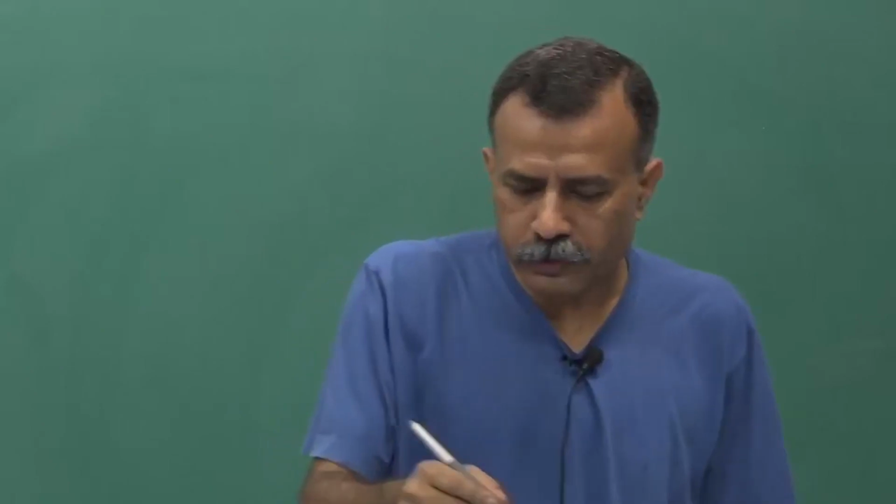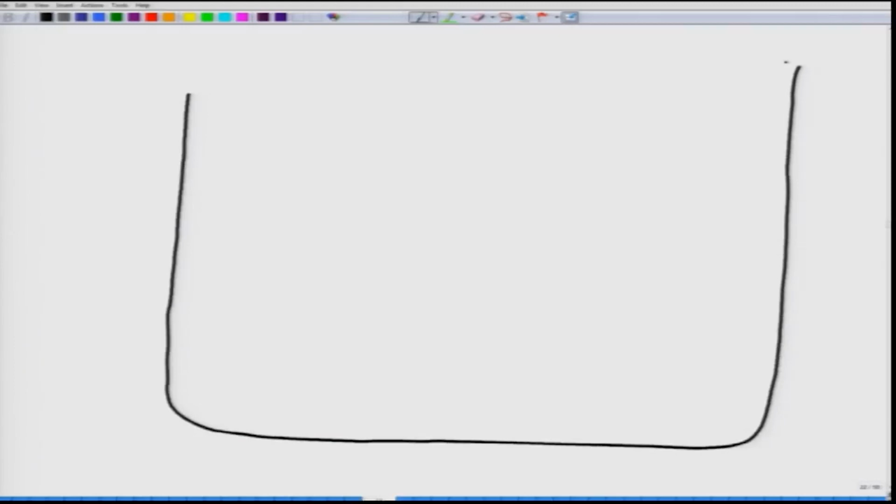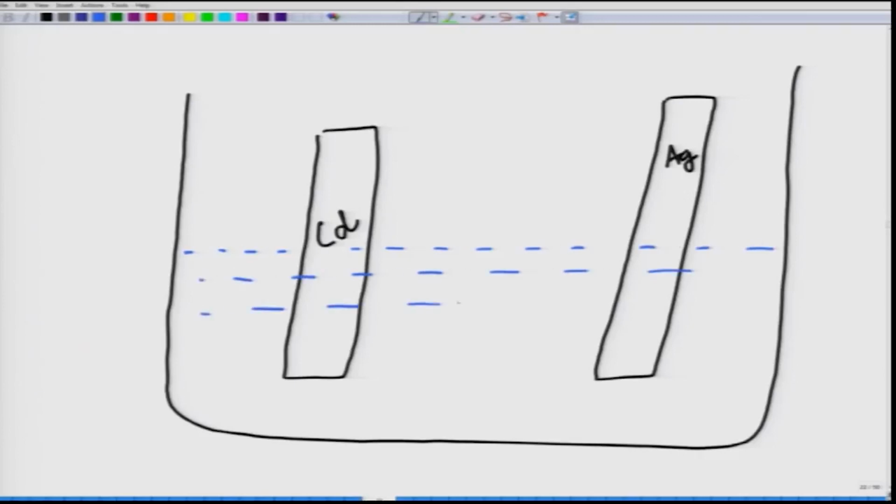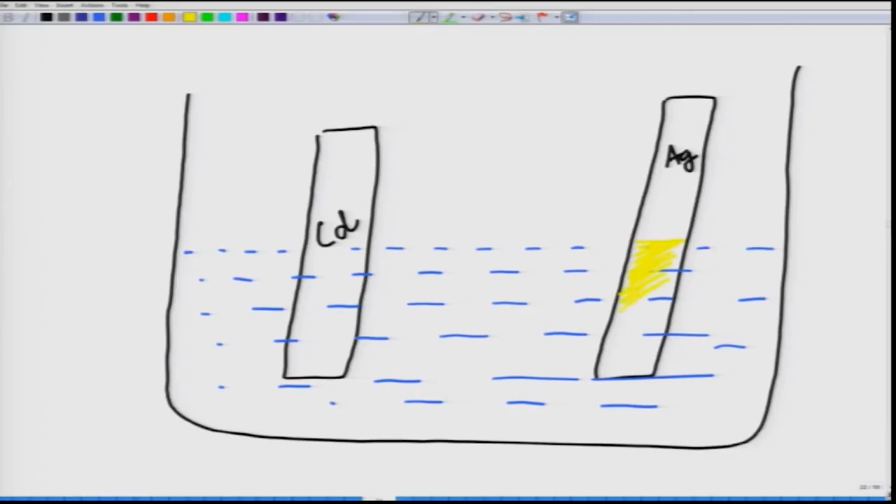So to start off, let's draw a galvanic cell where you have a cadmium electrode, Cd, okay, and you have an AgCl electrode, which is Ag, and here you have the electrolyte, and this is coated with AgCl. So this is an AgCl, silver chloride electrode.